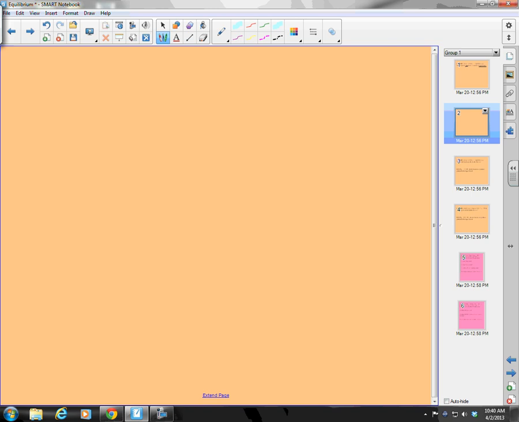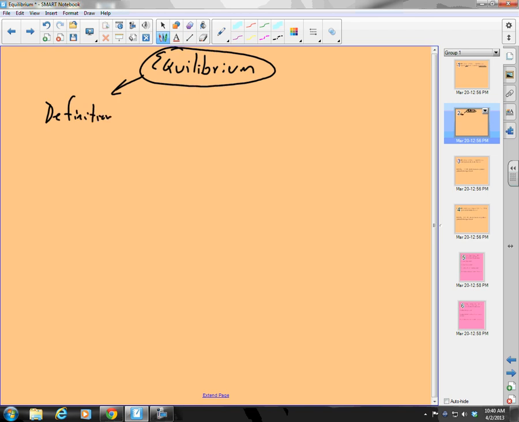So let's go to our concept map and let's talk about equilibrium. That's a big word. Let's start off with our definition of equilibrium. Well, I'm going to give you two.